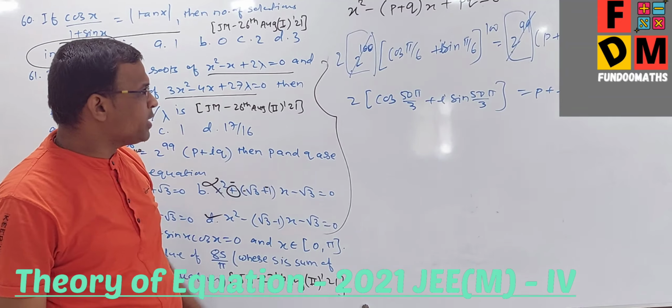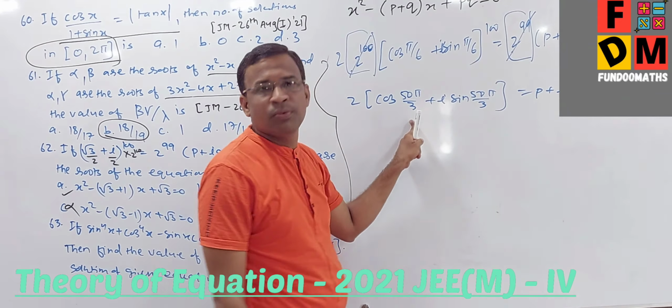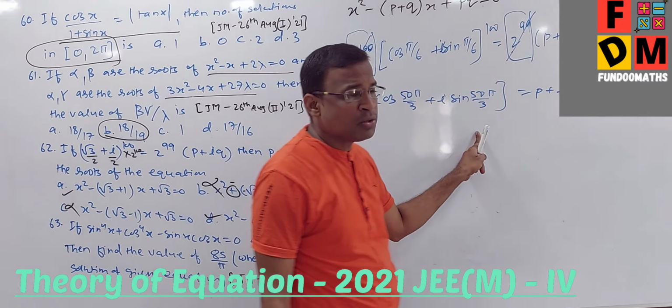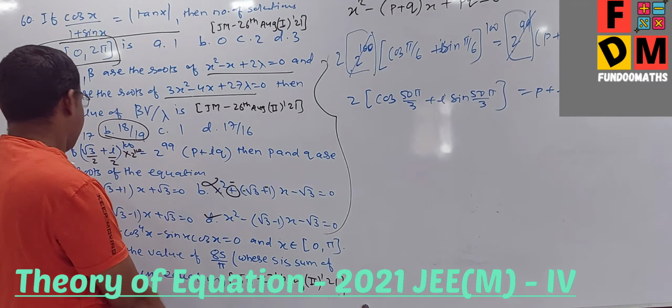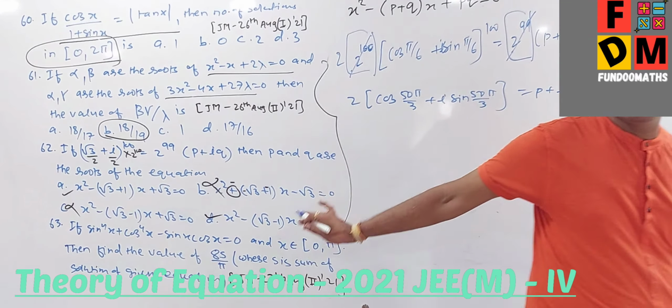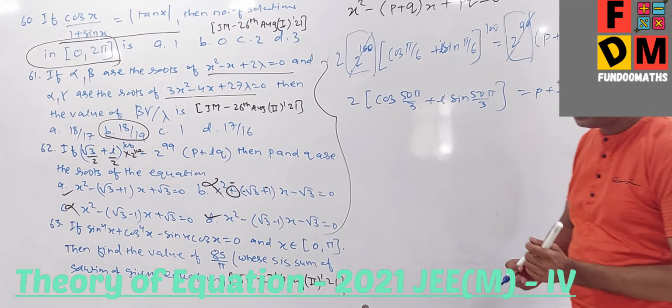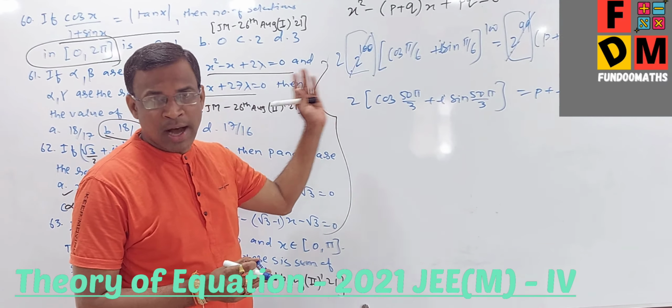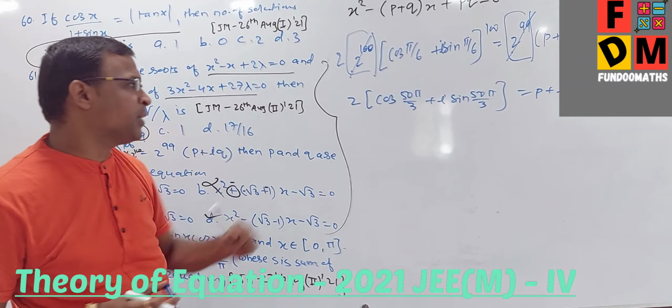Fine, that is something we are getting. See, this is the real part, and this is the imaginary part. So you can compare the two, and the p and q values you will get, which are the values we require. And I am damn sure it will give you the fourth option. Fine, you can start counting the time from when I started this step, and the answer which I have given in the beginning.